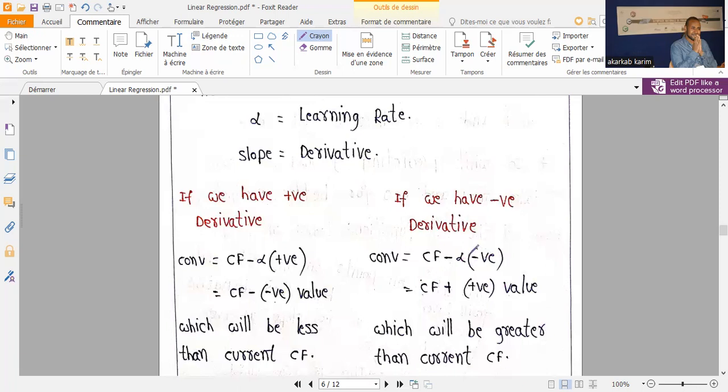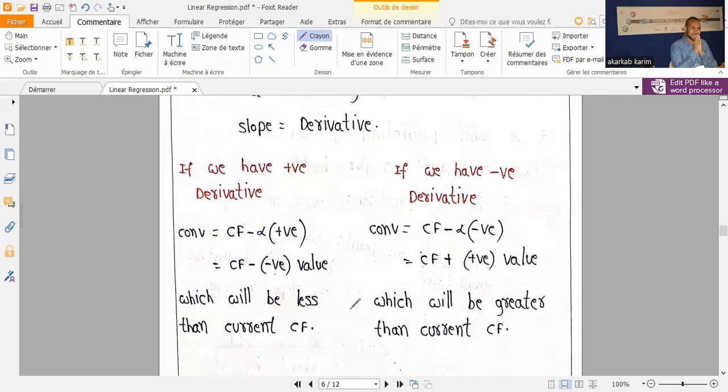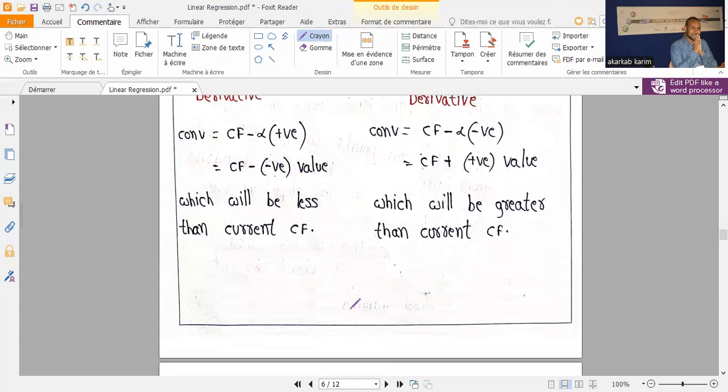And if this is negative and this is positive, all of this will be negative, which means it will be less than the current function.